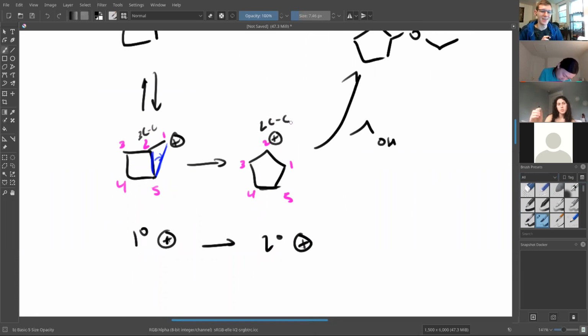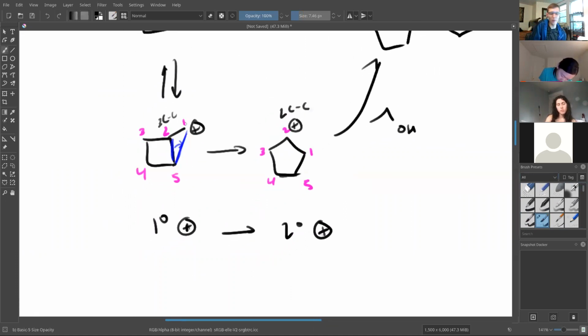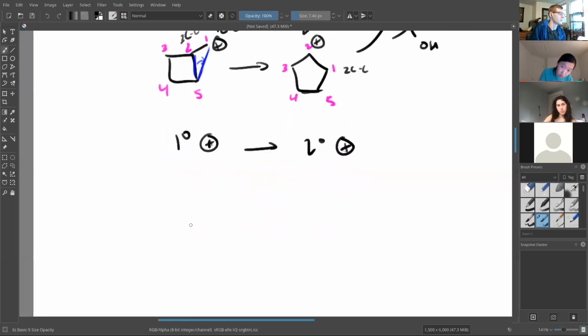Wait, why does it move from 1 to 2 then? Yeah, so in this case, it's because this carbon 1 only has 1 carbon-carbon bond, and now it has 2 carbon-carbon bonds. If we draw in the rest of the hydrogens, then we'll be able to see what's going on.